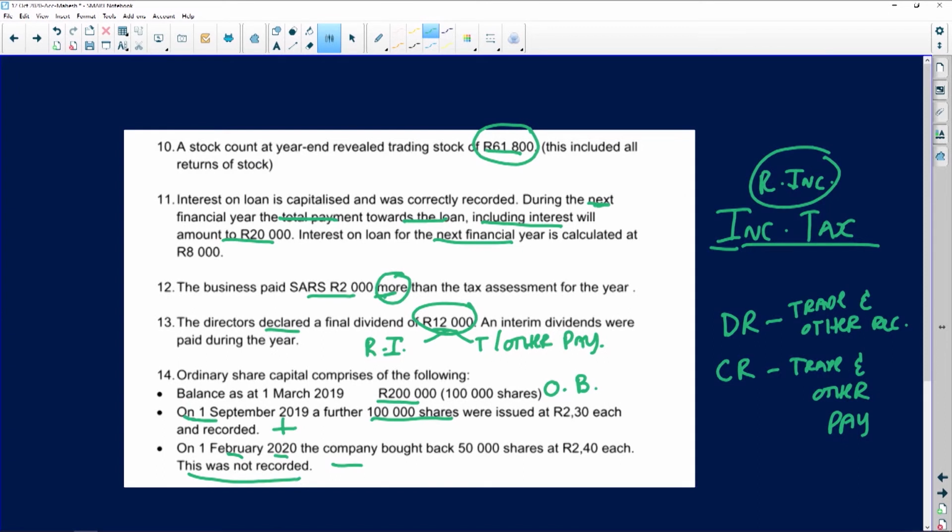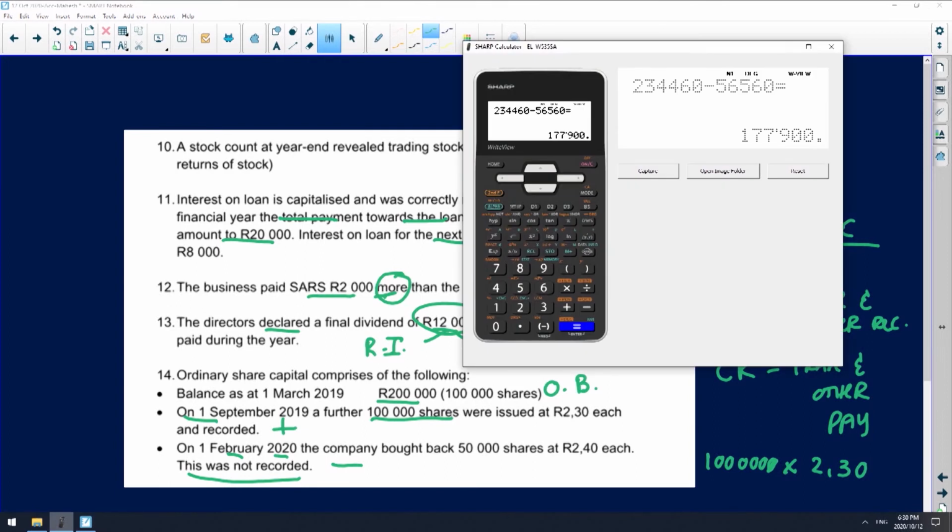On the 1st of September, a further 100,000 shares were issued at R2.30 each. So remember the calculation. You are simply taking 100,000 number of shares. Okay, too many zeros there. So 100,000 times R2.30. Okay, I know guys, I should probably do this without a calculator, but don't want to make a mistake.